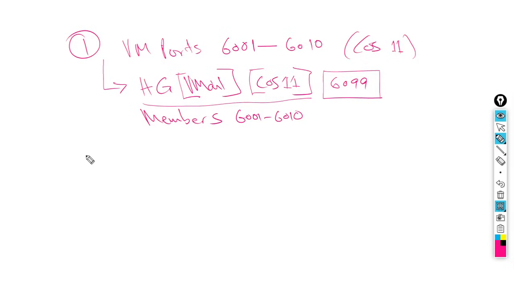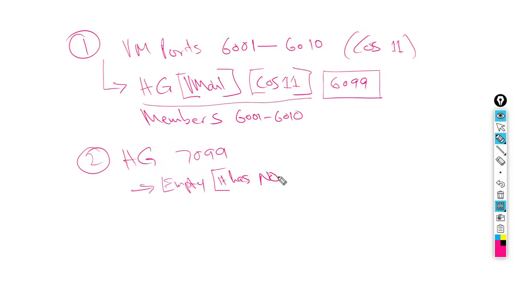After we create that hunt group, we are going to create another hunt group, which we are going to give a dialable number of 7099. This one is empty, which means it has no members.